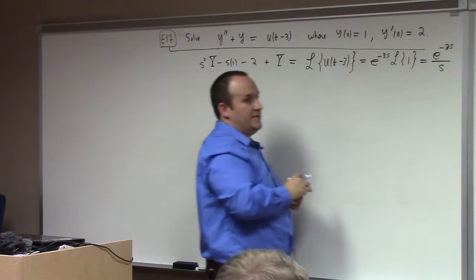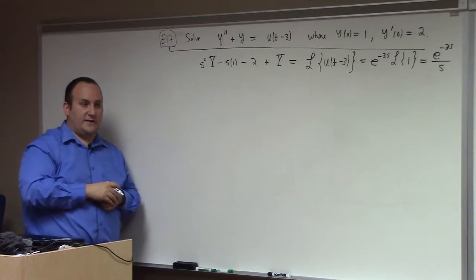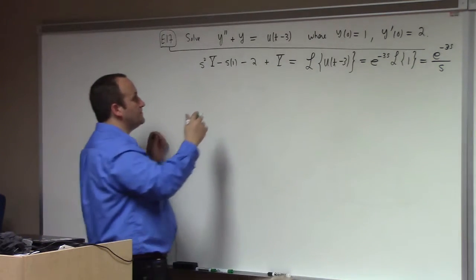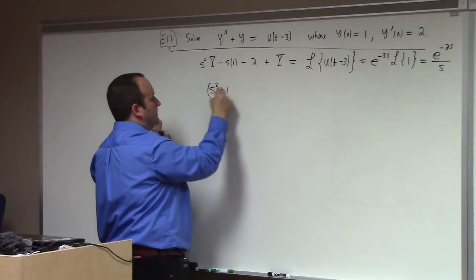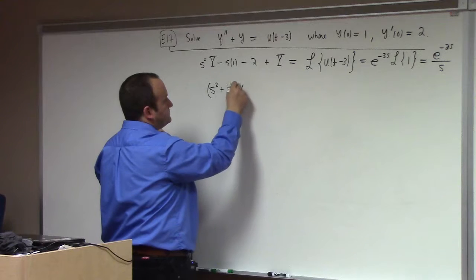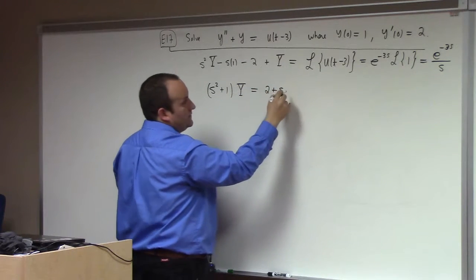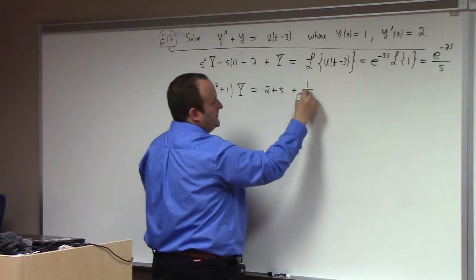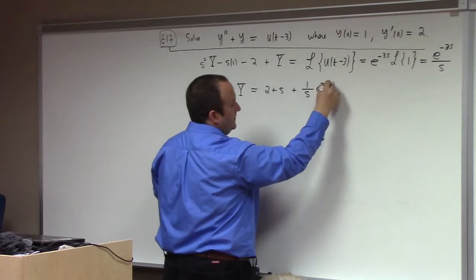So yeah, the Laplace transform of the unit step function is just e to the minus 3s over s in this case. All right, so we've got ourselves s squared plus 1 times big Y is equal to 2 plus s plus 1 over s times the exponential, e to the minus 3s.